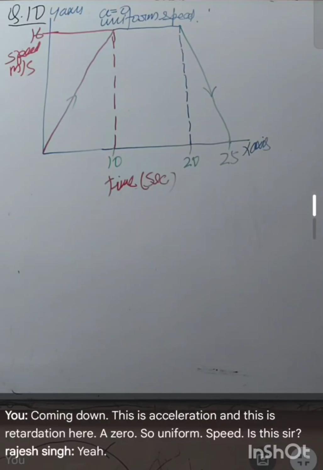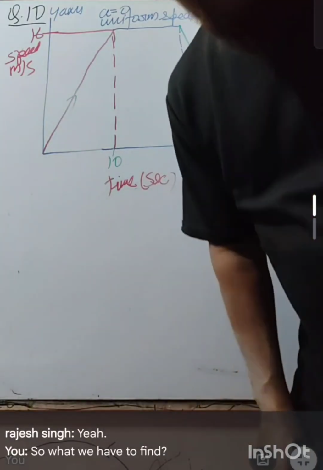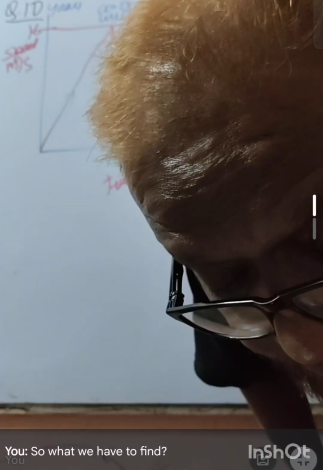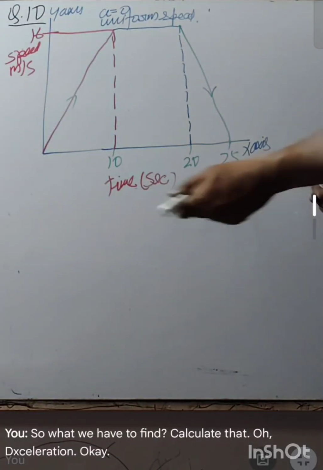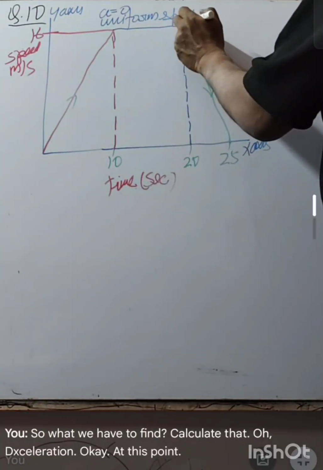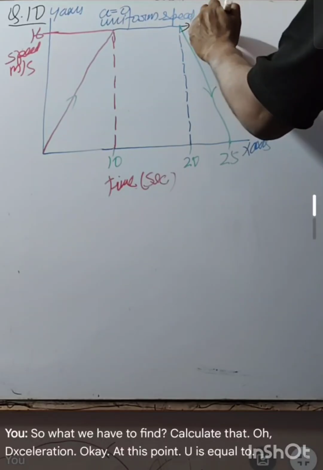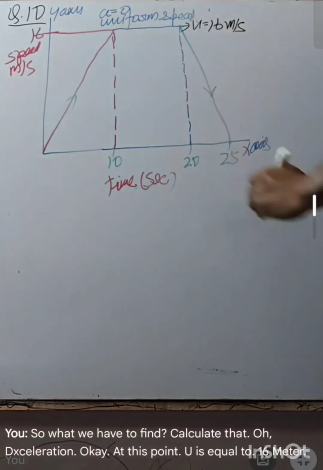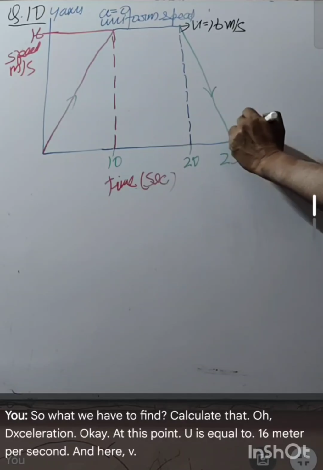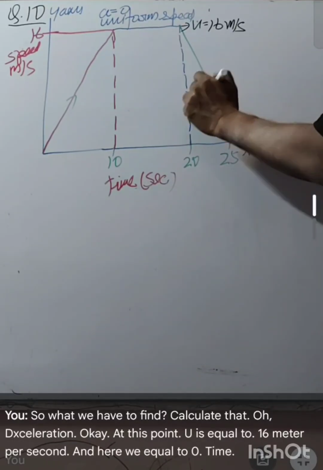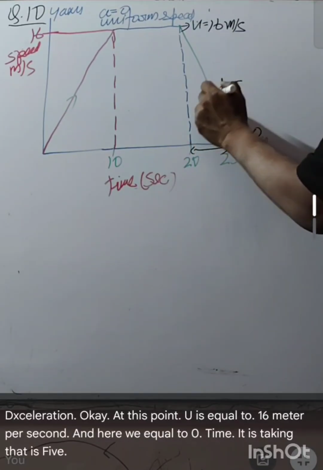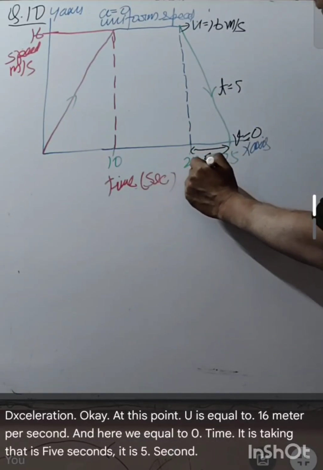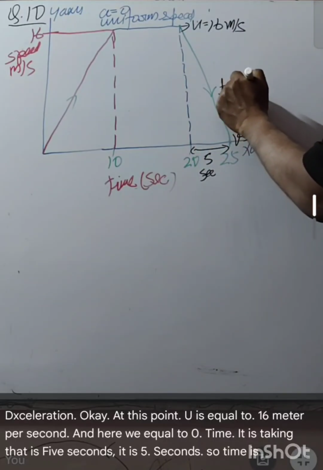So what we have to find? Calculate the deceleration. At this point, u is equal to 16 meter per second. And here v is equal to 0. The time taken is 5 seconds.